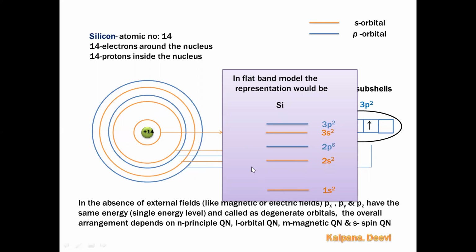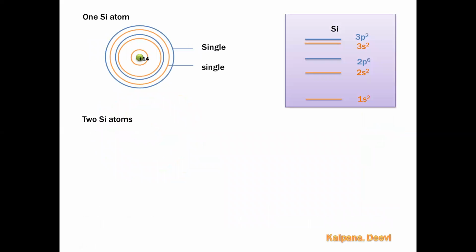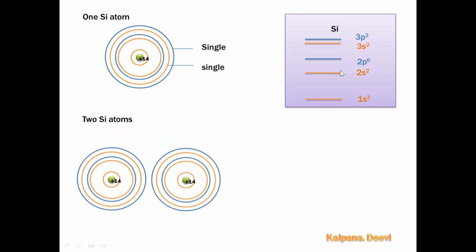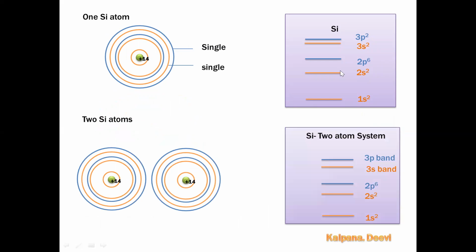Now, if we bring two atoms closer, how this flat band model will be modified, that we see in this slide. This is the flat band model for a single atom. And now, if we bring two atoms closer, let us see how it modifies.